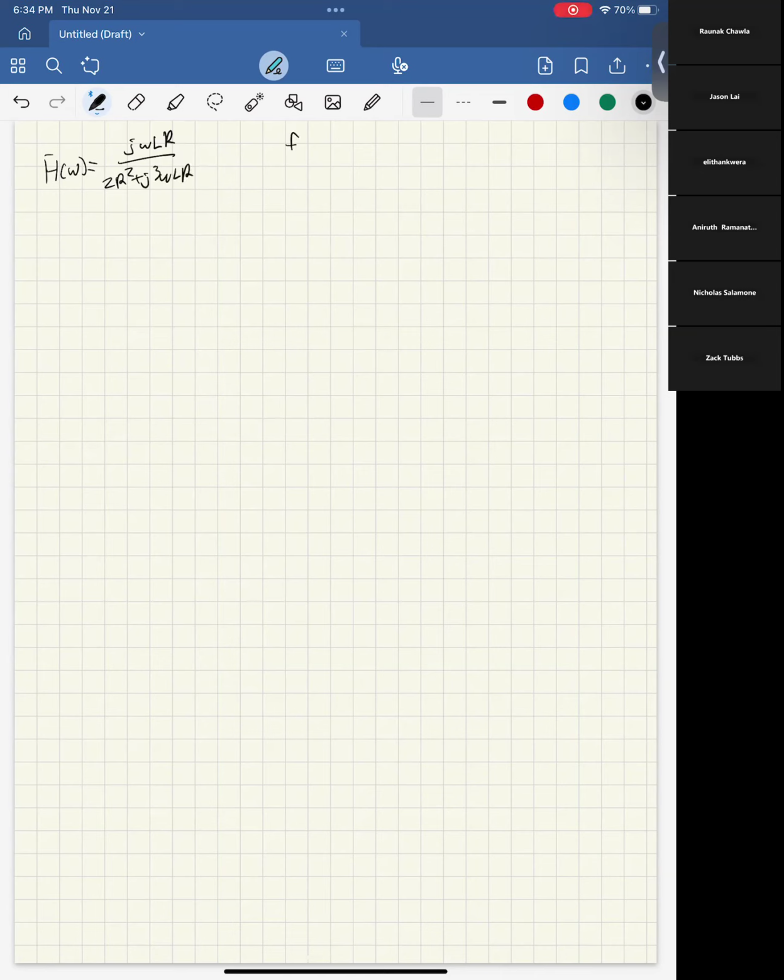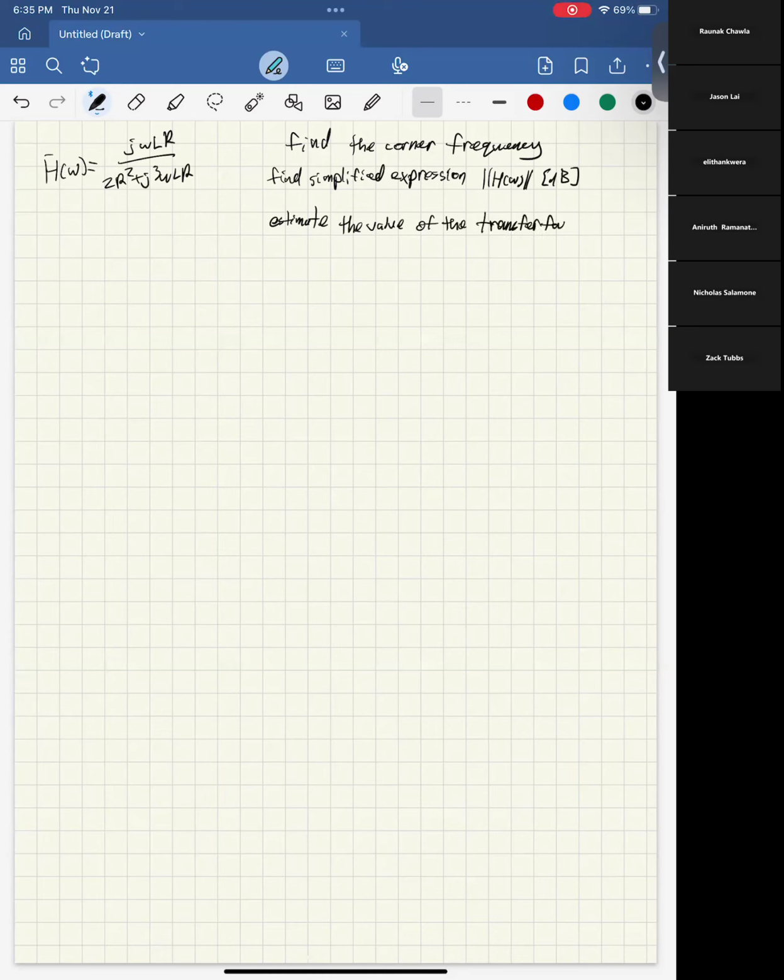And we want to find the corner frequency, find a simplified expression for the transfer function, the magnitude of the transfer function in decibels, and estimate the value of the transfer function for omega much greater than the corner frequency.